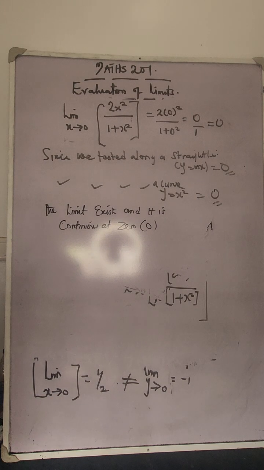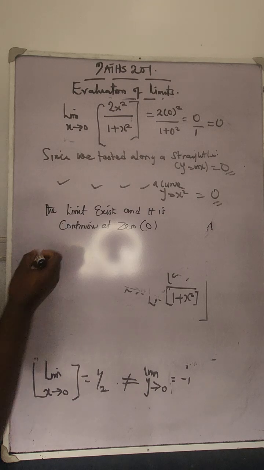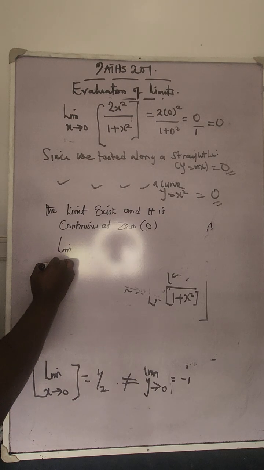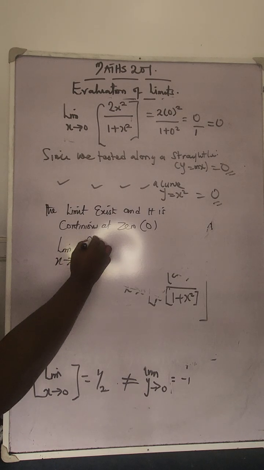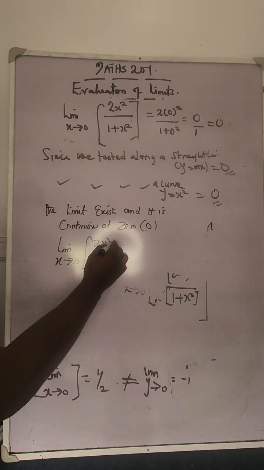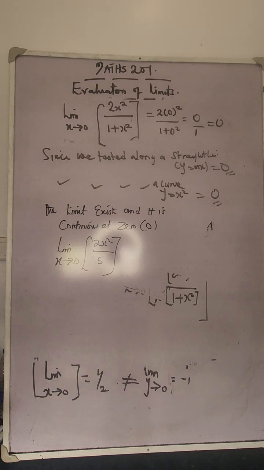All right. So, evaluation of limit. You can remember in your 100 level, what you were doing was the limit, for example, as x approaches 0 of the function 2x squared over 5, something like this. In your first year, you were dealing with one variable.